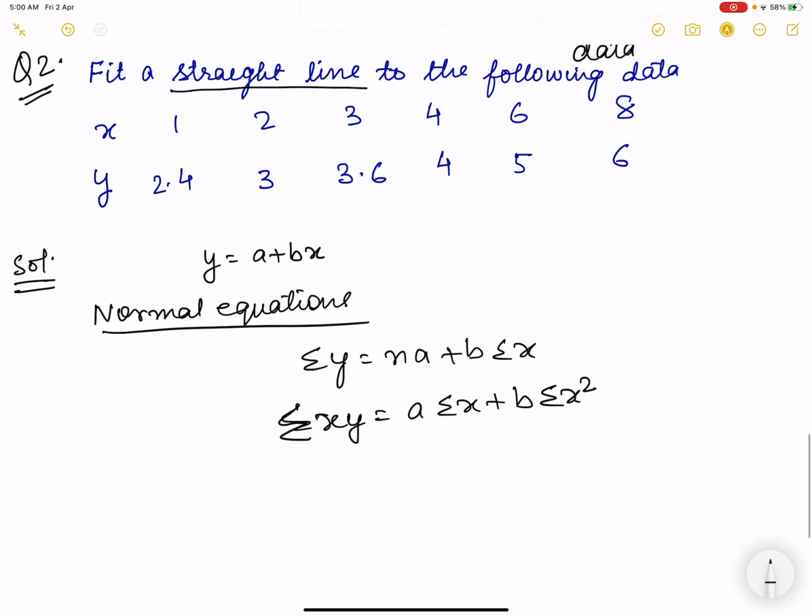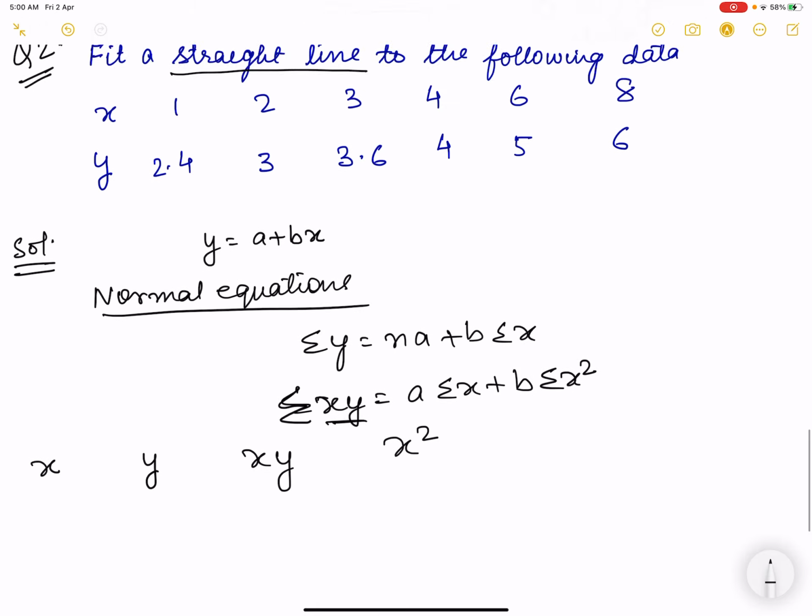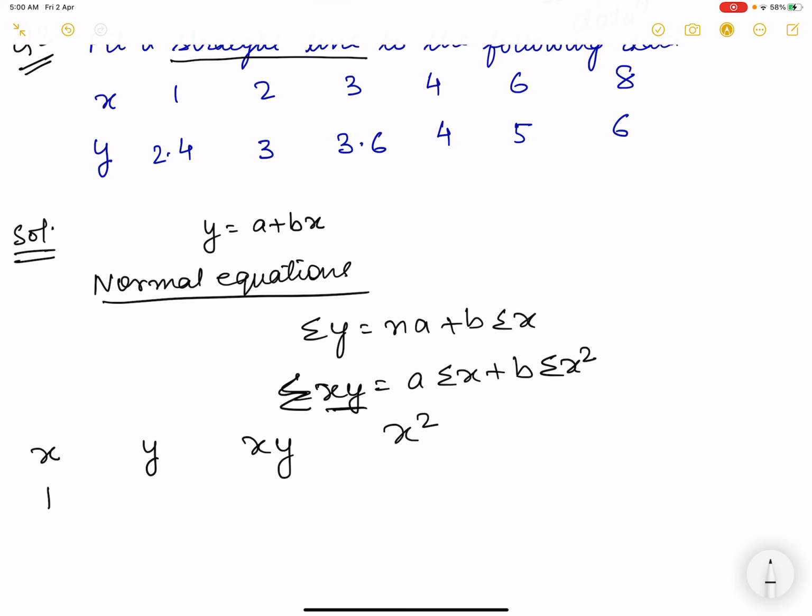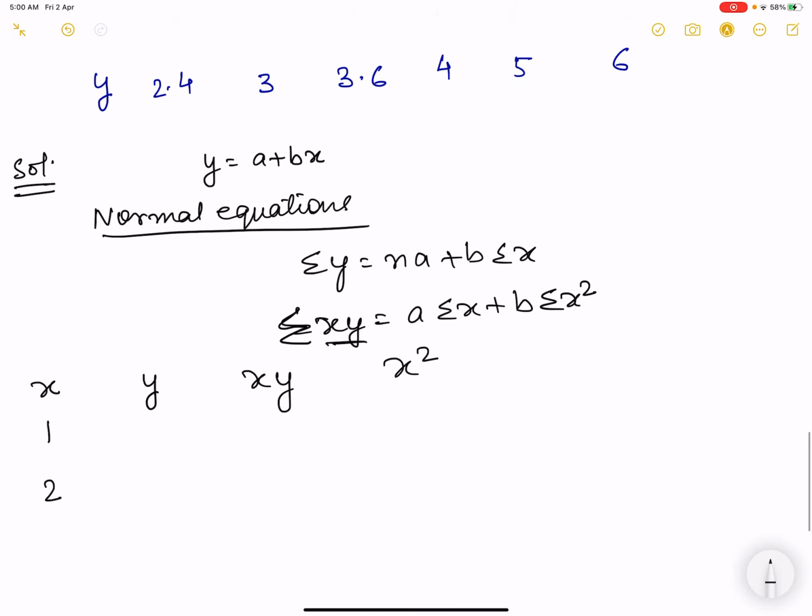Again, we have to find the values of x, y, sigma x, sigma y, and sigma xy, and x square also. Only 4 values are needed. And first two are given in the data. It is 1, 2, 3, 4, 6, and 8.